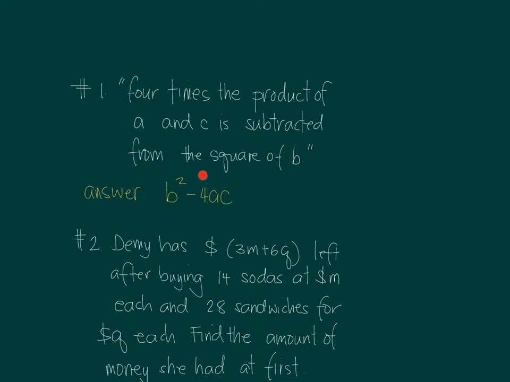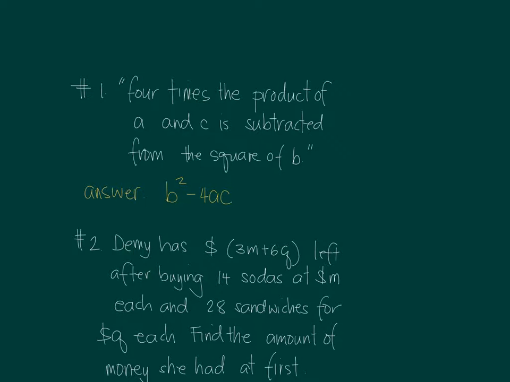The given expression is the square of B, which can be written as B squared, and we are going to subtract 4 times the product of A and C. 4 times the product of A and C means 4AC.